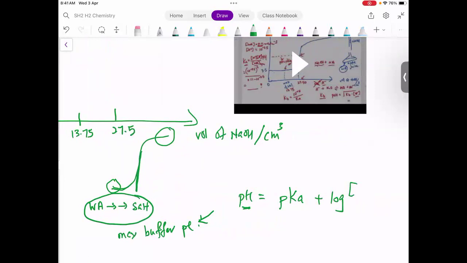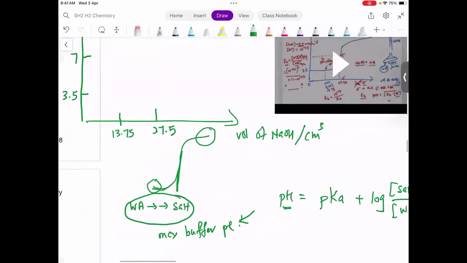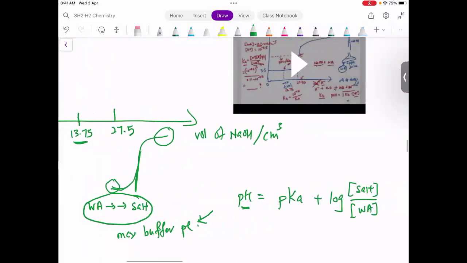The salt or the conjugate base over the weak acid. In this case, at 13.75, the weak acid is half neutralized, right? So these two will exist in equal ratio at the max buffer point.